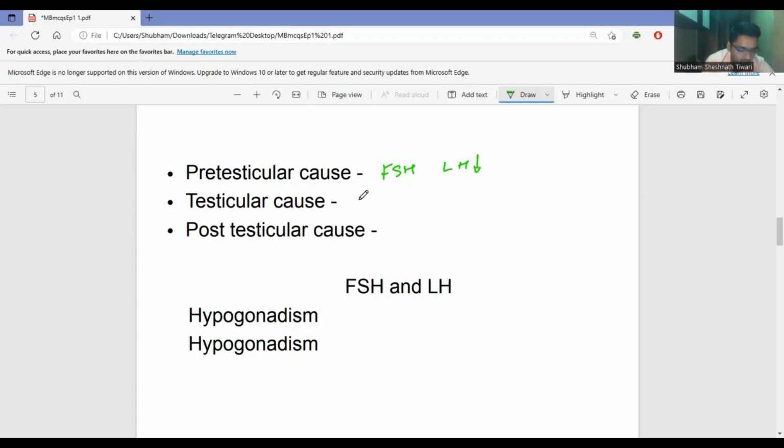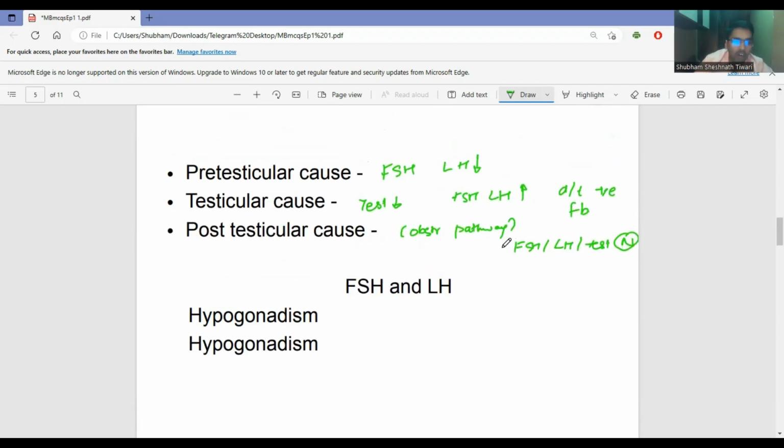If it's a testicular cause, testosterone decreases, but FSH and LH increase, and this is due to negative feedback. And in post-testicular cause, which is due to any obstructive etiology in the pathway, FSH, LH, and your testosterone remain normal.